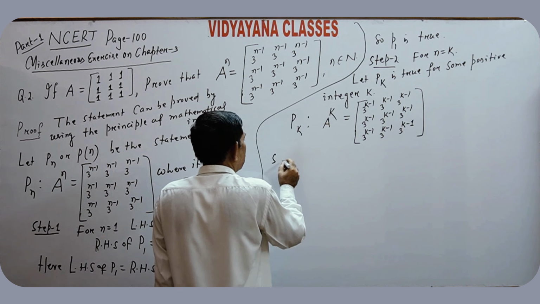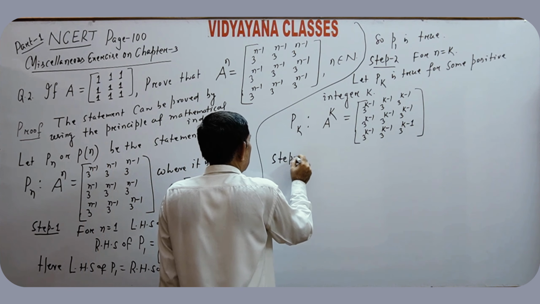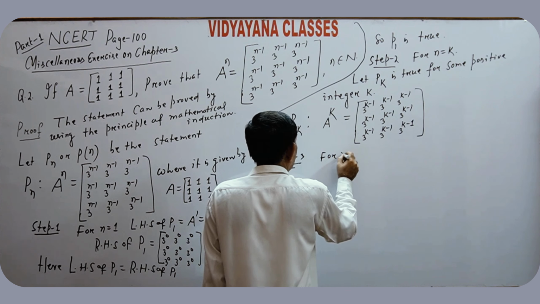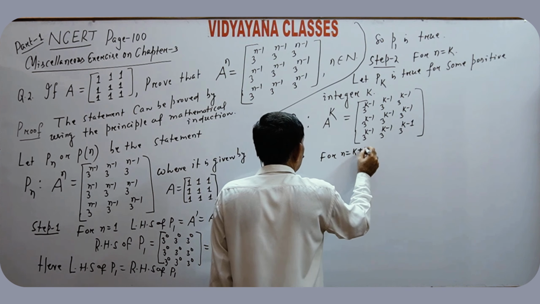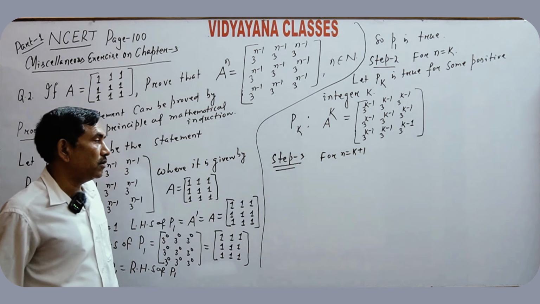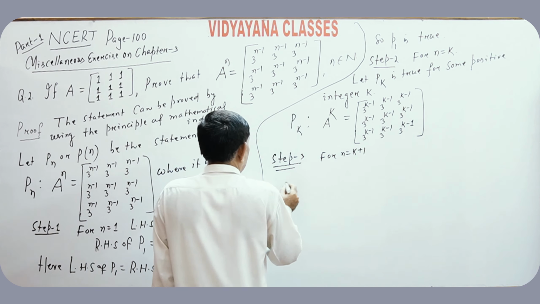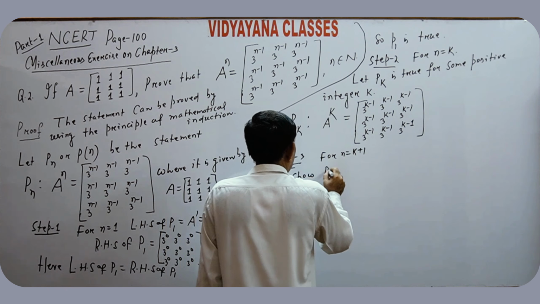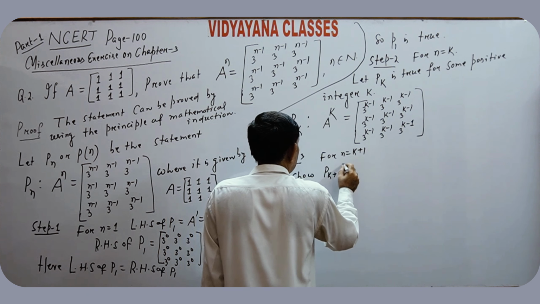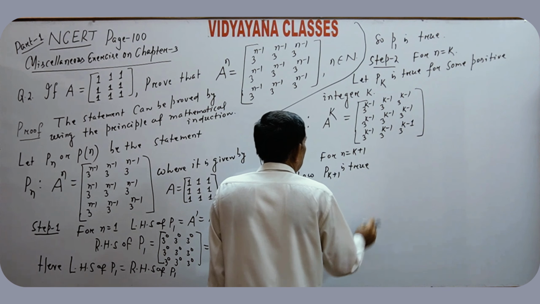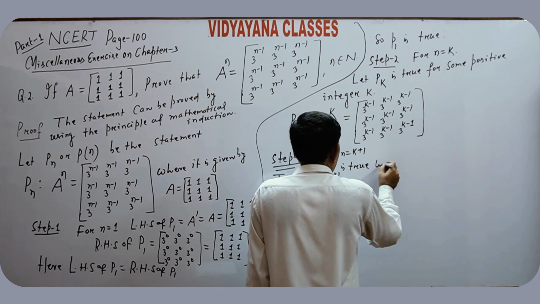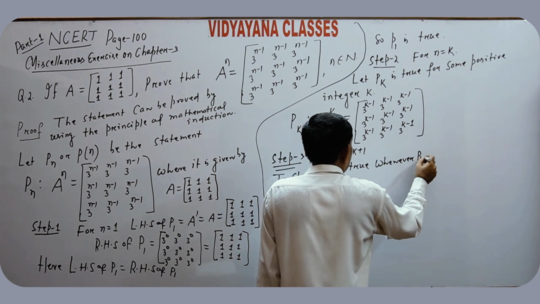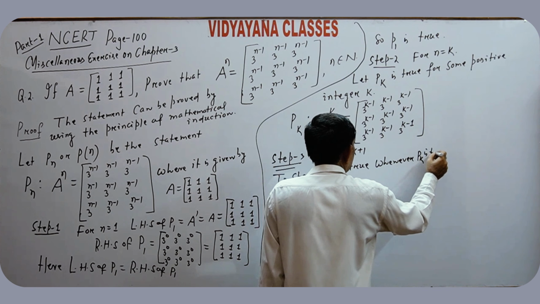Step 3. For n is equal to k plus 1, to show P(k plus 1) is true whenever Pk is true.